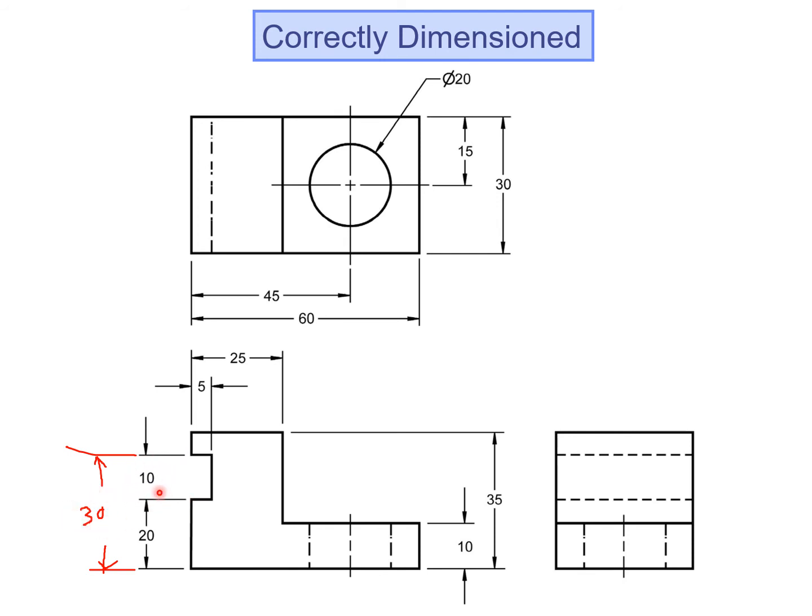But by dimensioning the slot with the 10 units, that's telling the machinist or the inspector that most likely something's gonna fit inside this slot. Okay, so that's the reason for the 10 instead of using a dimension of 30. Okay, so now let's go on to the next one.